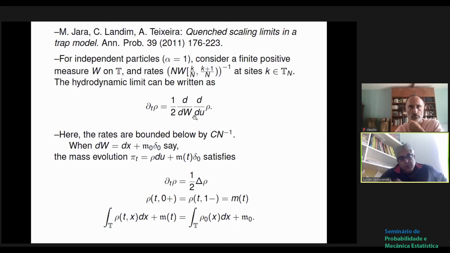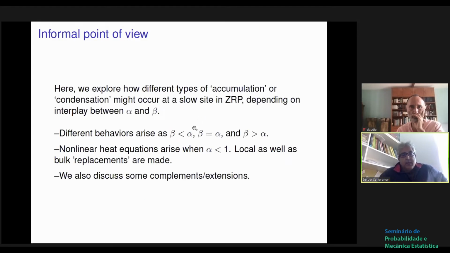In some sense, we're looking at zero range where alpha may be less than one, and so there will be interacting particles, and the particle number is unbounded. We were curious about the relation between beta and alpha, and as you might suspect from the previous results, three different things happen: if beta is bigger than alpha, beta equals alpha, and beta less than alpha.